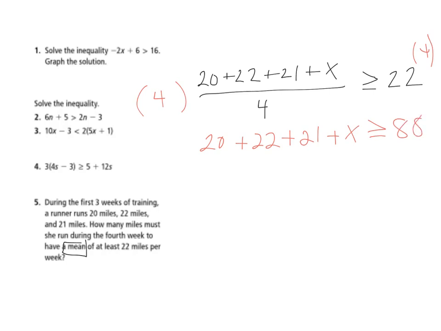Now, let's add all these together. So 20 plus 22 is 42. 42 plus 21 would be 63. So we get 63 plus x is greater than or equal to 88, excuse me. Now we're going to minus 63 from both sides.